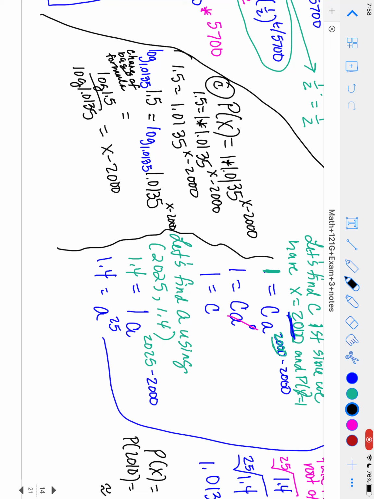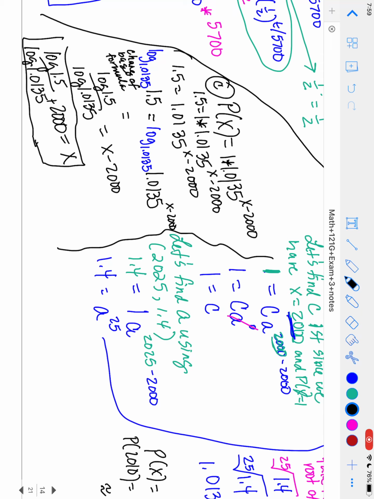The log base 1.0135 of 1.0135 to the power of x minus 2000 is asking us: 1.0135 to what power gives us 1.0135 to the power of x minus 2000? Well, my answer is x minus 2000. And so if I wanted to get x by itself, I would add 2000 to both sides. So my exact answer, sorry for the background noise. That's my exact answer for x.